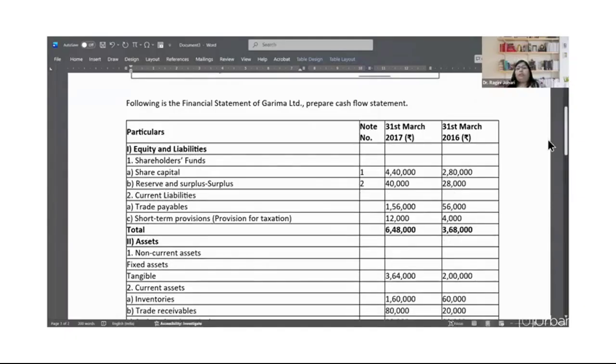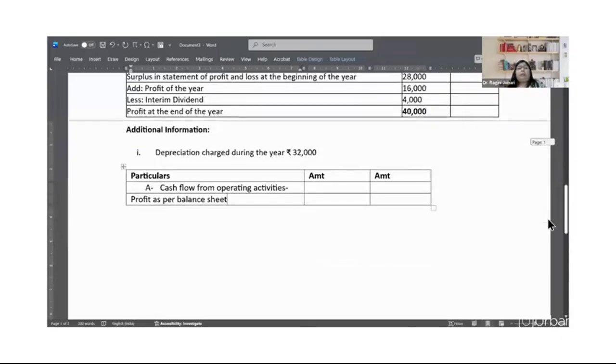This is the addition of amount in this year. So this comes to how much? This is 12,000. Now this becomes a starting point.